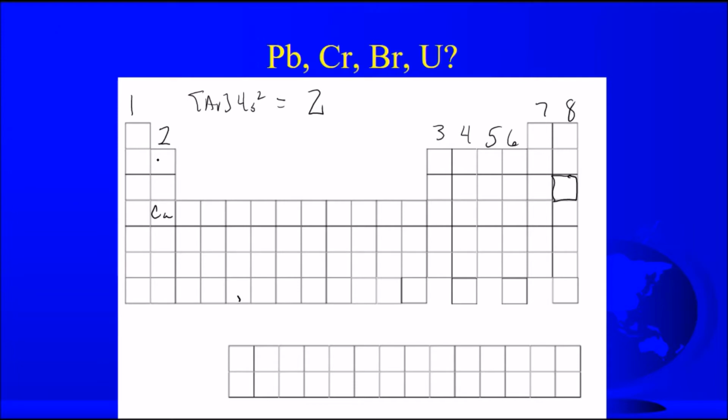So if you find your element in the second column, they're all going to end up their electron configuration with an s2, just like calcium. Therefore, they will all have 2 outer shell electrons. So anyone in the second column, magnesium, beryllium, strontium, barium, radium, will all have the same outer shell electrons, 2.